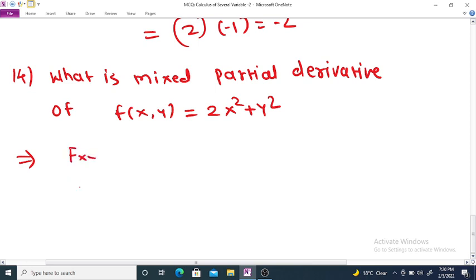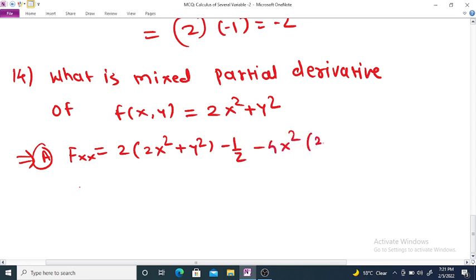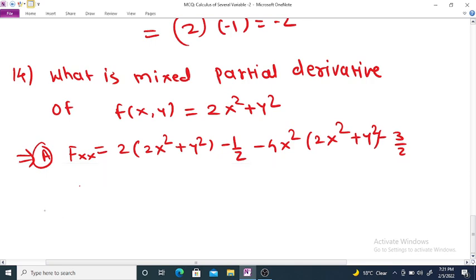f of xx is equal to, the first option A is 2 times (twice x square plus y square) to the power minus 1 by 2 minus 4x square (twice x square plus y square) to the power minus 3 by 2. So this is f of xx.